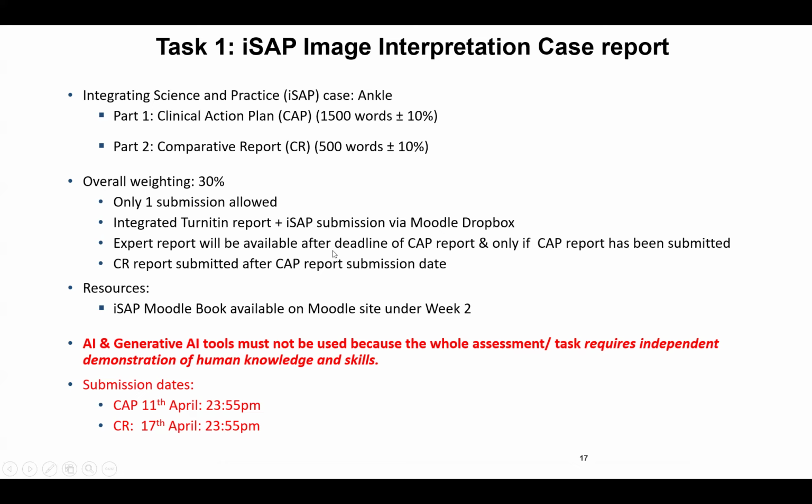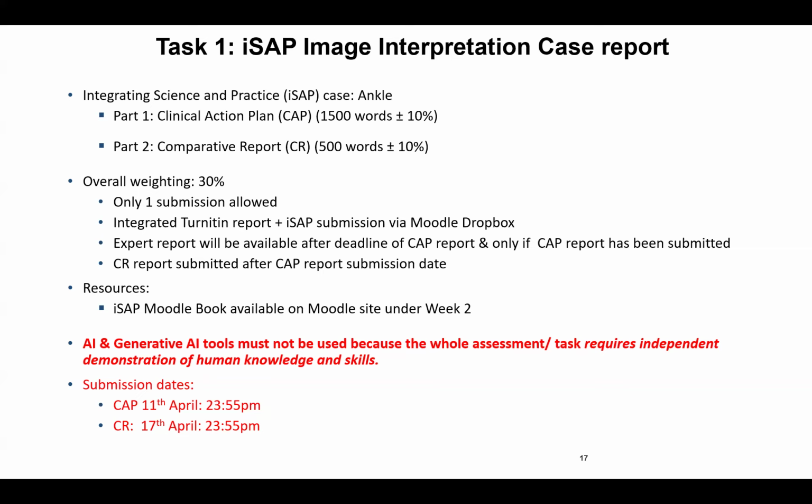The expert's report will only become available after you've submitted your CAP report and only when the deadline has been reached. So the main thing is here, you're given a case and you have to respond to professional issues and submit your CAP report.